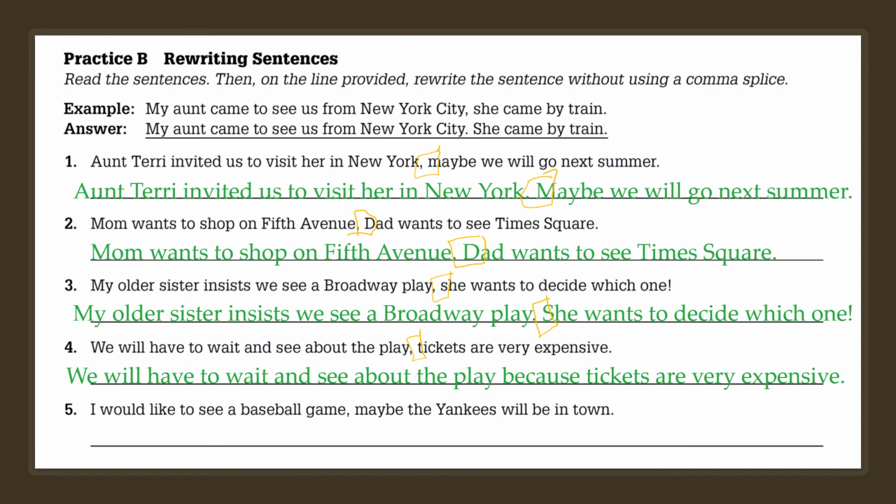So in this example, we have used the subordinating conjunction because to join the two sentences, and that's totally fine. Pay attention here, I didn't put the comma before because I didn't put a full stop. If you want to put the full stop, you don't put because, you just put the full stop, then you capitalize the first letter, the letter T of tickets, and you finish the sentence. This is just another way to put it.